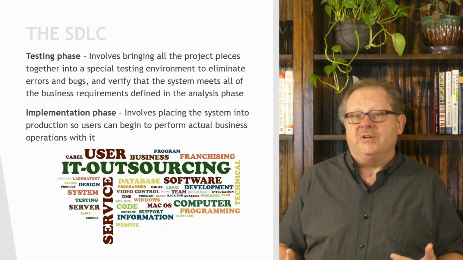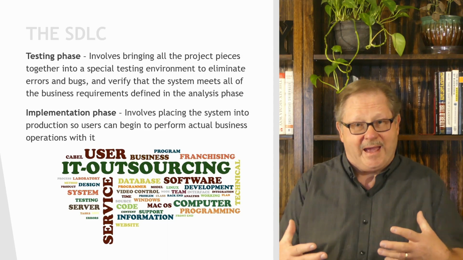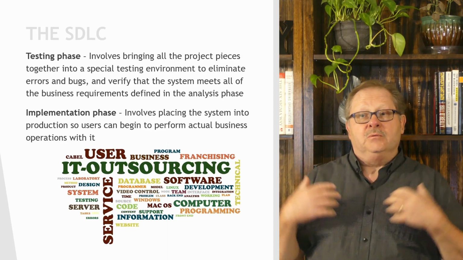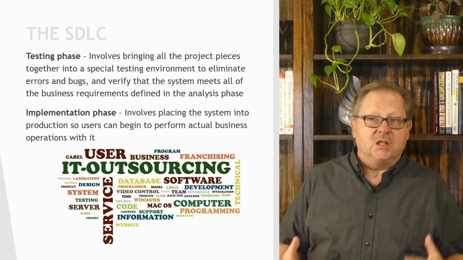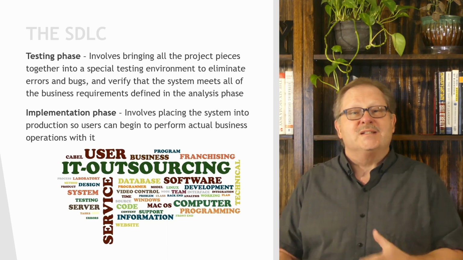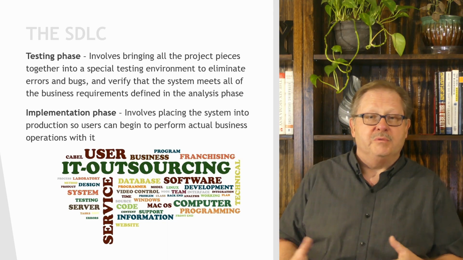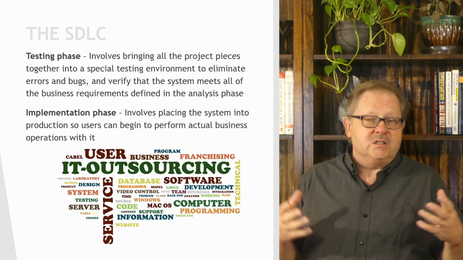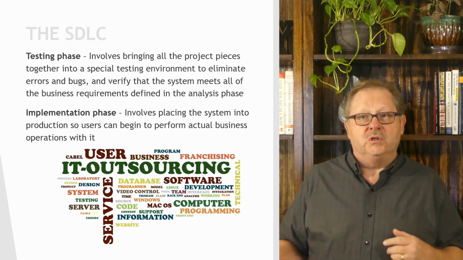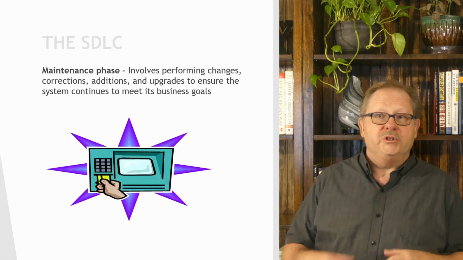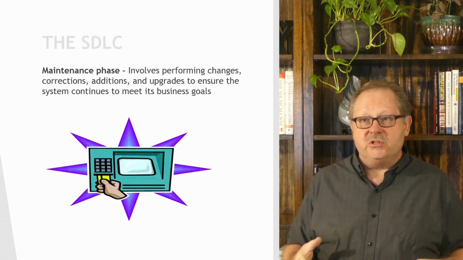The implementation phase, of course, is then when you send it out to the customer. Now, sending it out to the customer, of course, a lot of times involves the user acceptance testing, and that user acceptance testing then determines whether the software is fit for use and ready for the actual deployment, which is part of that implementation phase.